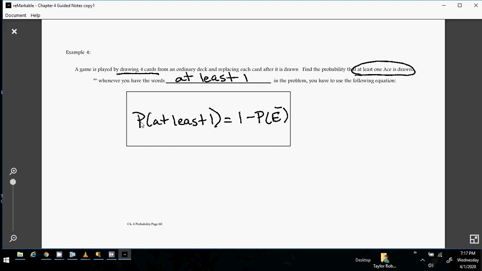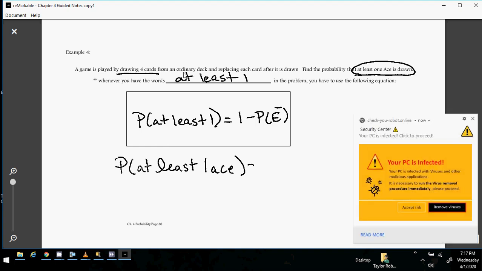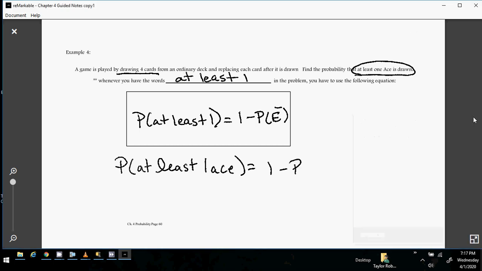Alright, so we're finding the probability of at least one ace. We're drawing 4 cards out, at least one ace. Okay, so it will be 1 minus the probability of not getting an ace. No aces.